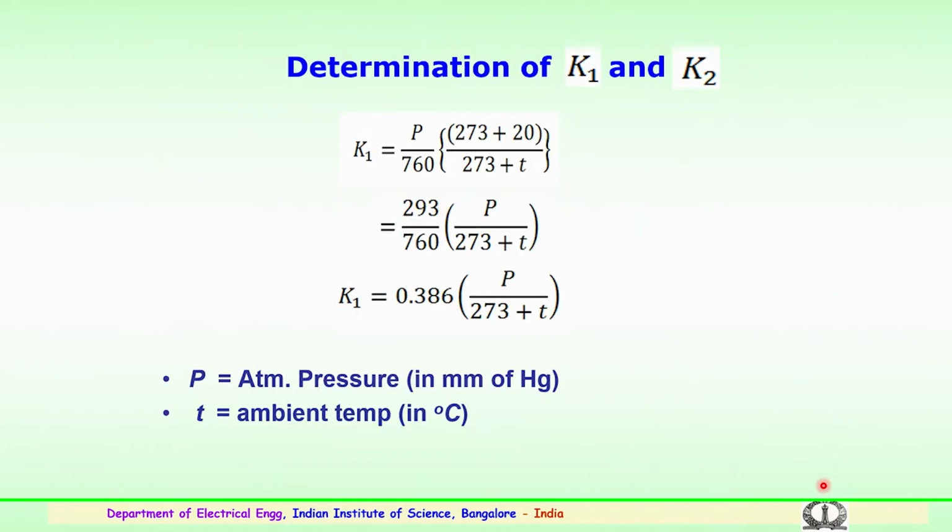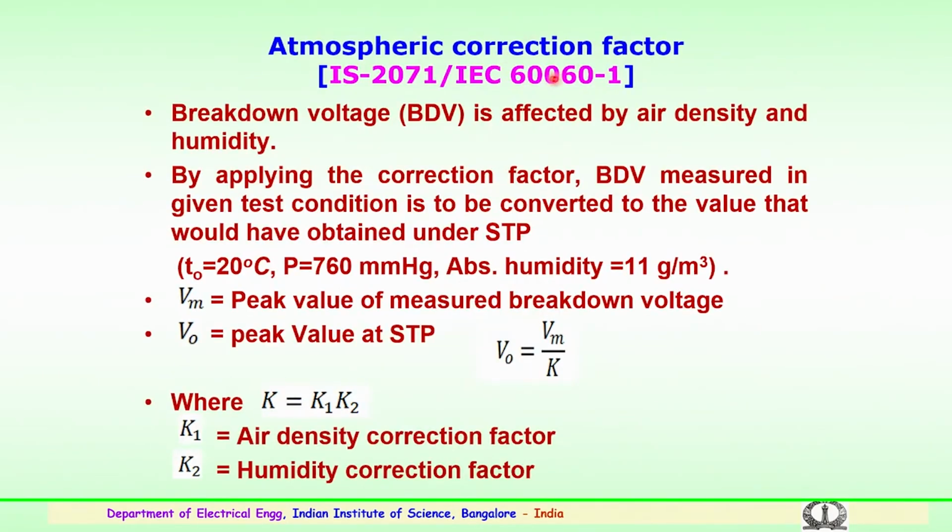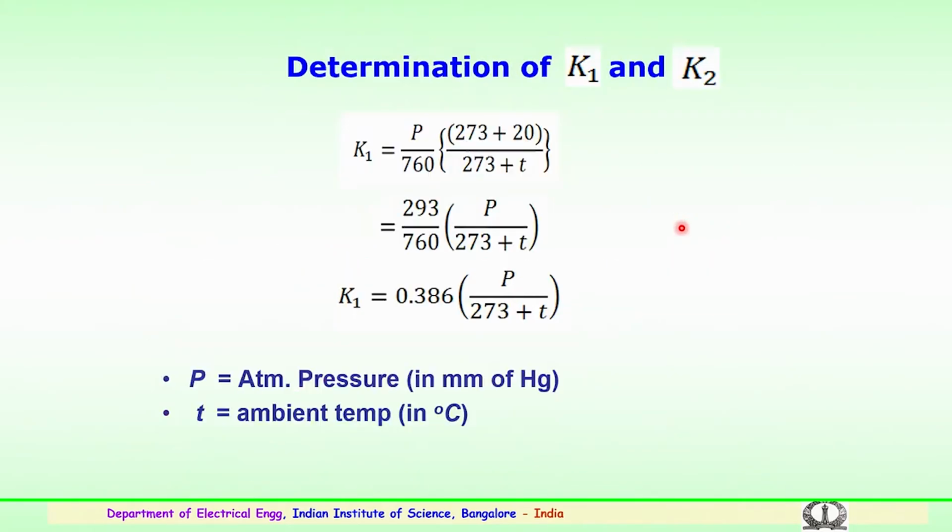It is very clearly given in the standard 60-1, that is IEC 60060-1 or IS 2071, where K1 could be calculated as K1 is equal to P, the pressure, divided by 760, the standard atmospheric pressure, into 273 plus 20 by 273 plus T, the temperature at the lab conditions.